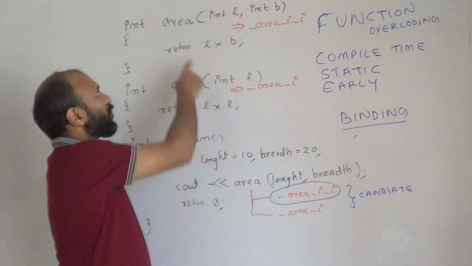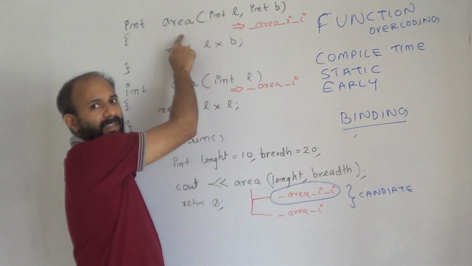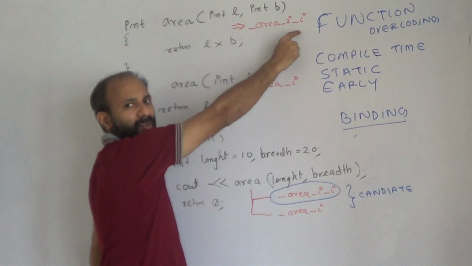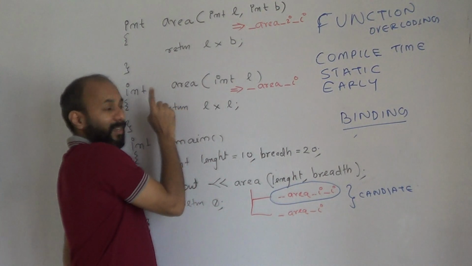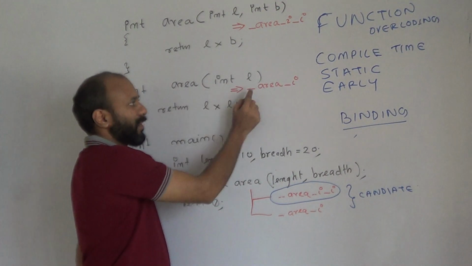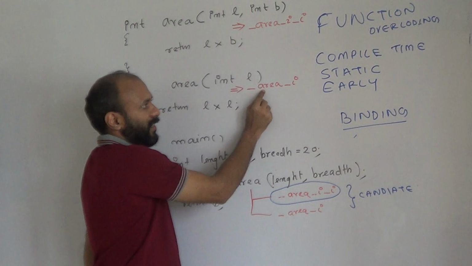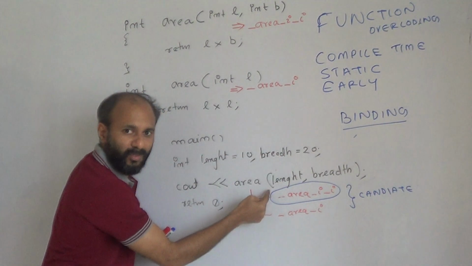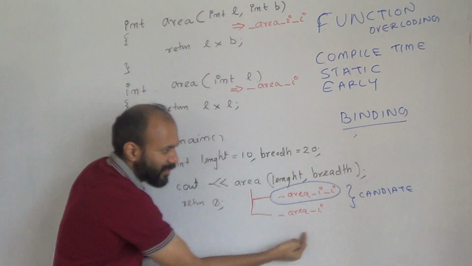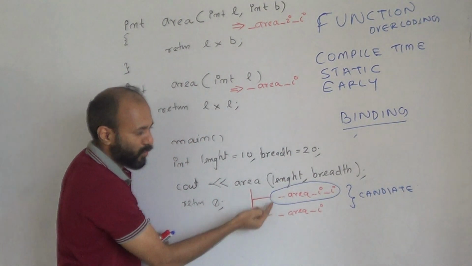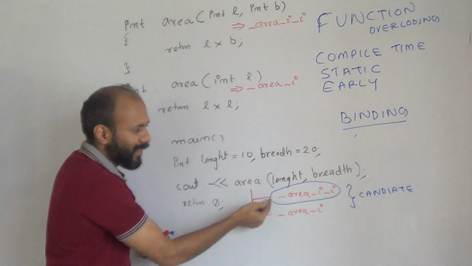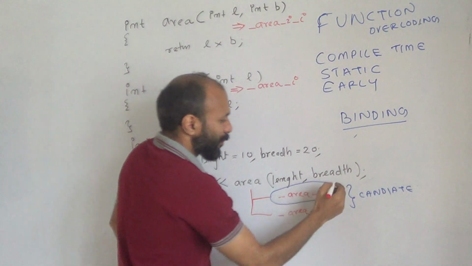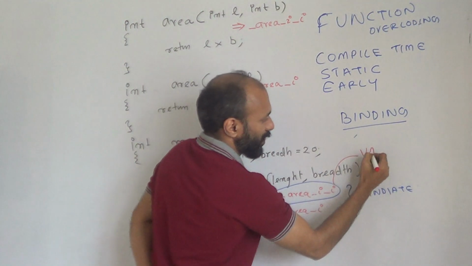Now you can see for the user the function name is area, but for the compiler the function name is underscore area underscore I underscore I. For the user the function name is area, but for the compiler the function name is underscore area underscore I. Now the compiler has different choices for invoking the function. All these functions are known as candidate functions. There are two candidate functions. Then the compiler selects a viable function from the candidates.